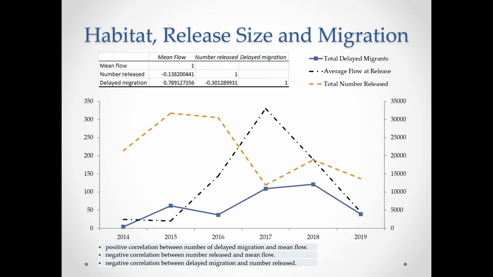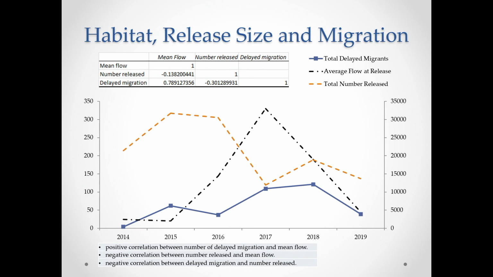So in essence, if you think of discharge as being habitat or increased habitat, there's more backwater, there's more side channels, et cetera, there's places for these fish to go if they're not willing to migrate in the first 3 weeks. Conversely, there's a negative correlation between the number of fish released and the number of delayed migratory fish. You can see that in the yellow line compared to the blue line.